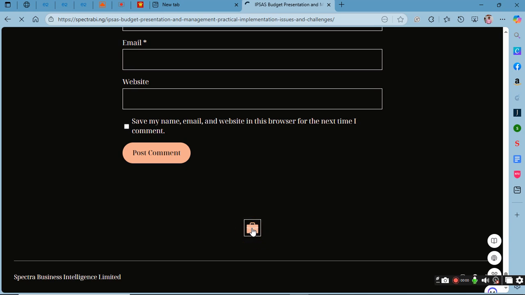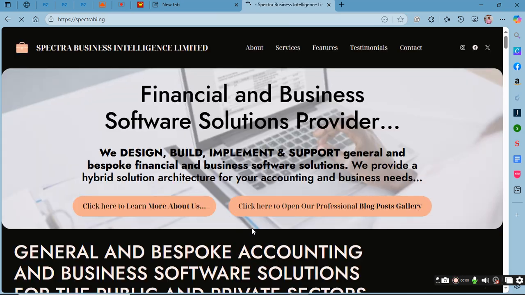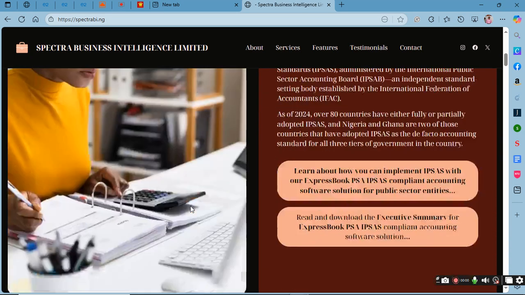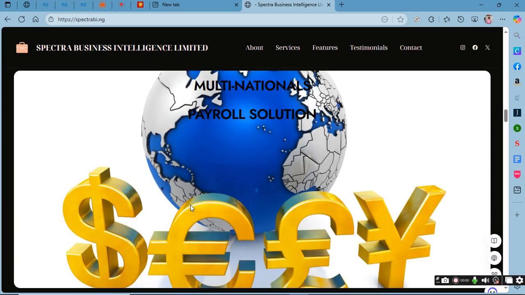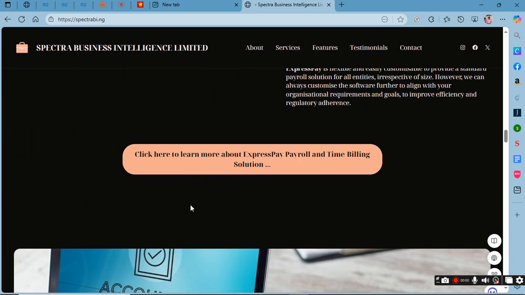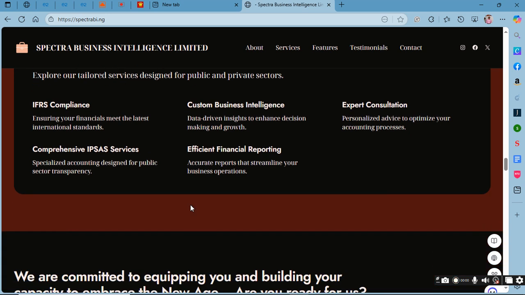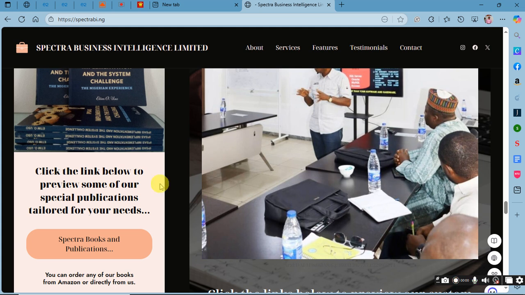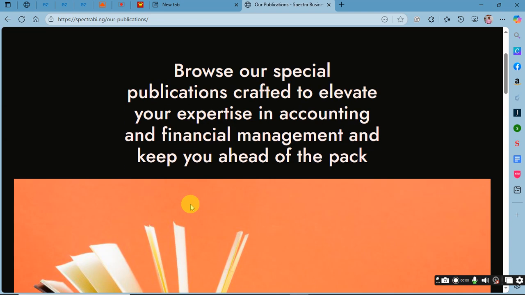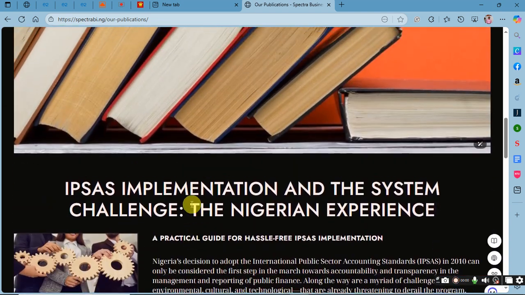So you can also avail yourself of other resources on this website. We have quite a lot. There are many other application software that you can make use of. Other things that might be relevant to you, we have publications. You can go to Spectra Books and Publication and you see that we have some books that we have published.